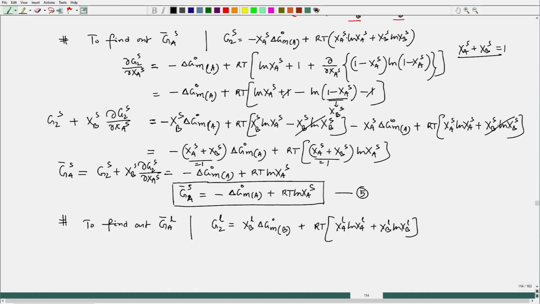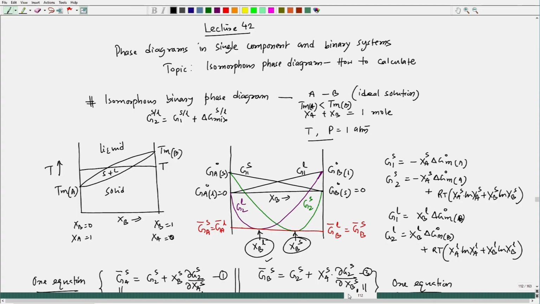And in this case, let me just tell you one thing: this G2 line is the basic G2 line for liquid as well as solid. Any composition I can reflect through this equation.